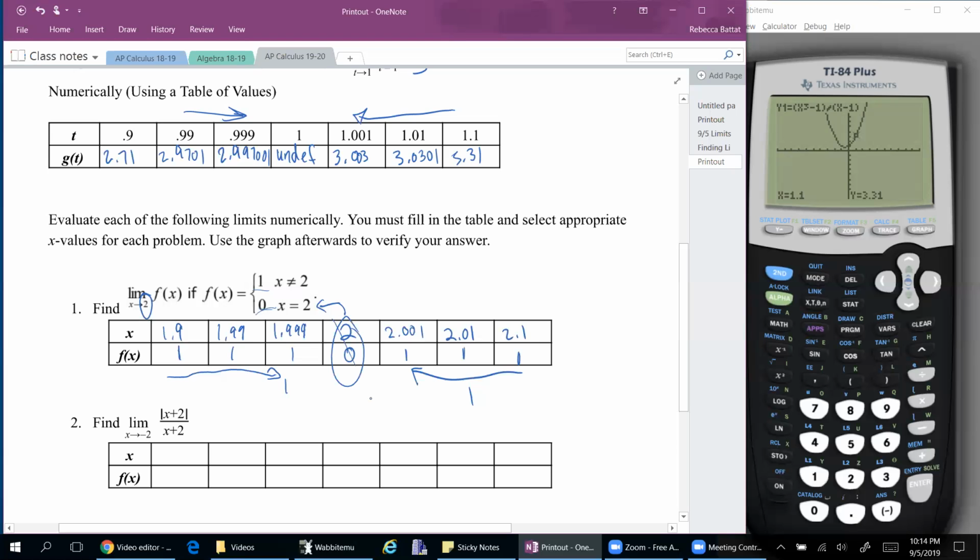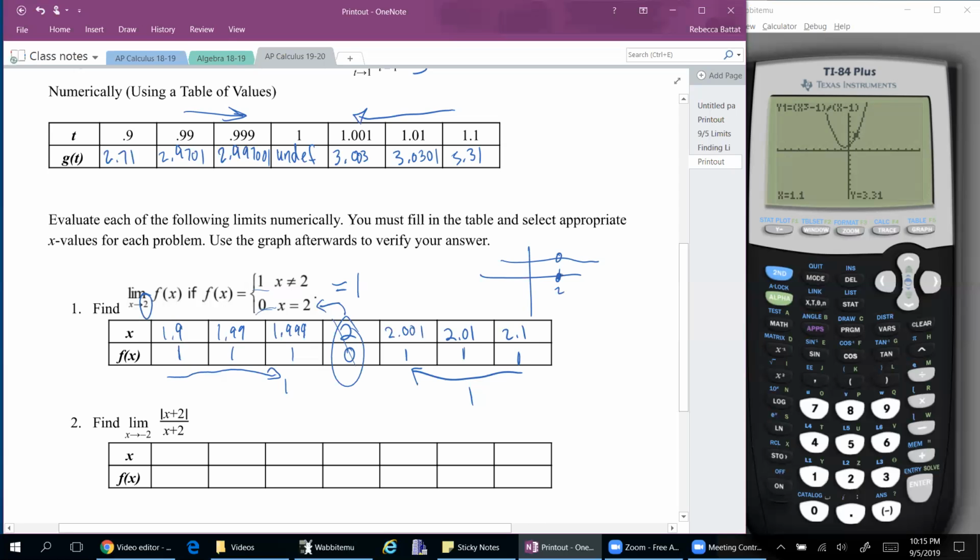The limit as we approach from the left is 1 and from the right is 1, so our limit is 1. This graph would kind of look like a straight line, except at 2 there's a hole and a point down there.